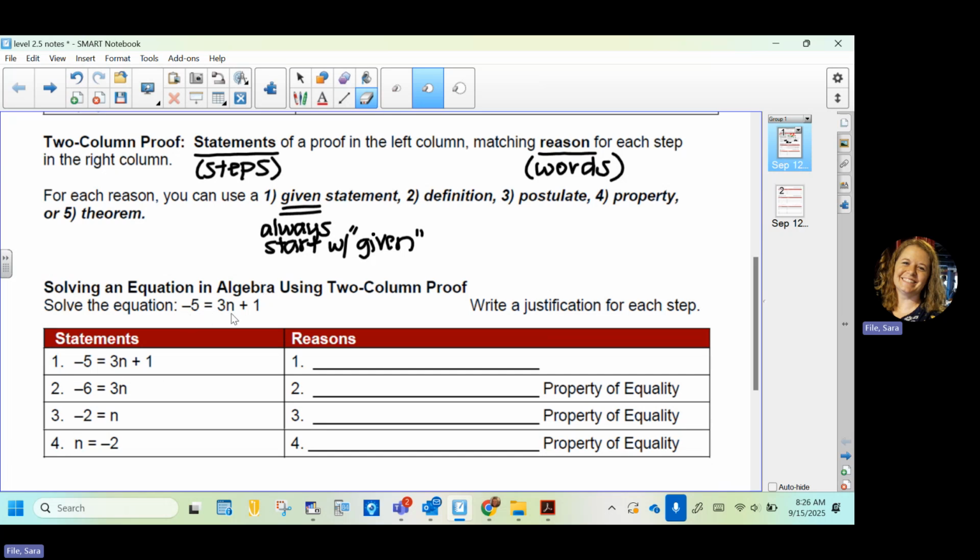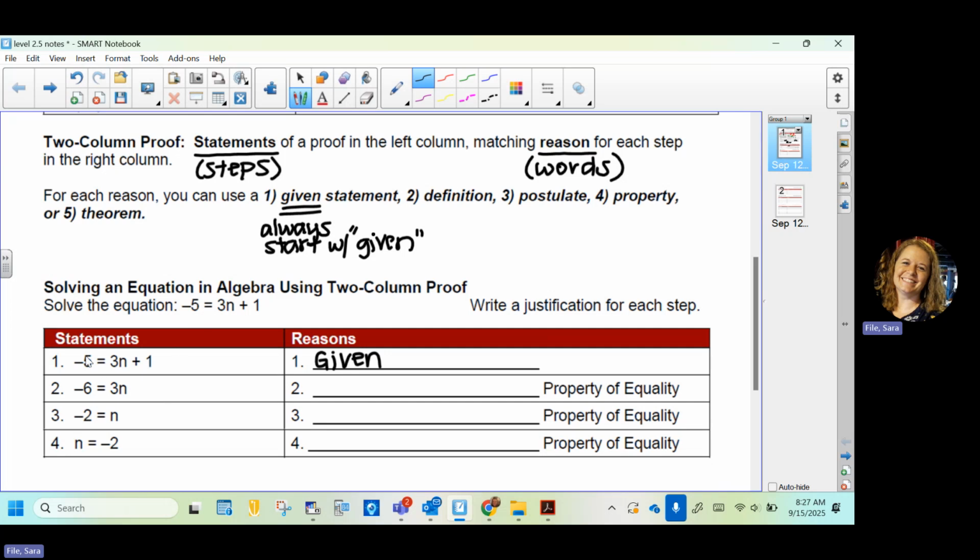The given piece of information, that equation, your reason here is going to be given. You're just going to write the word given because that equation was given to us. We didn't do anything to create that. It was the given information.